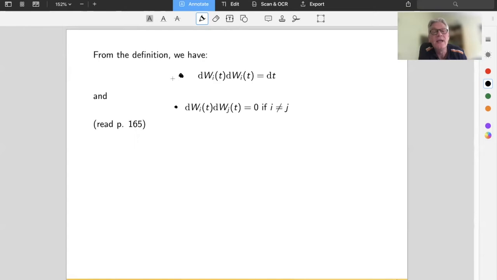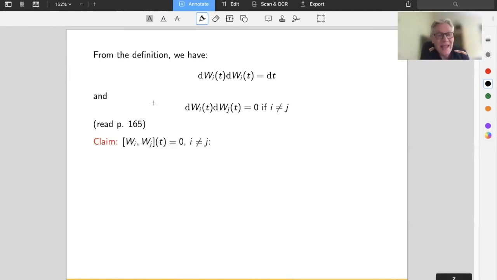That is the quadratic variation. And we have the cross variation: d[Wi, Wj](t) is equal to 0 when i is not equal to j. You can extract that from the independence property that we have just mentioned, but we can also prove it. So we will show a short proof here below.